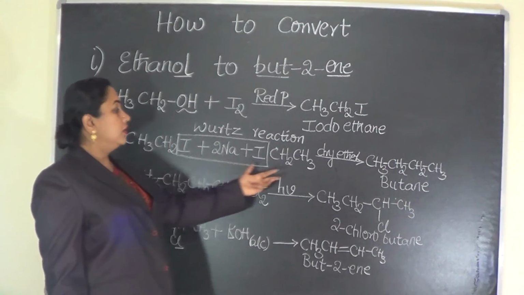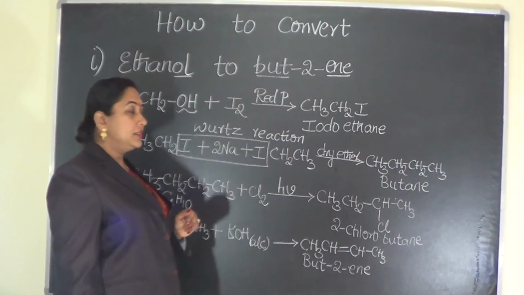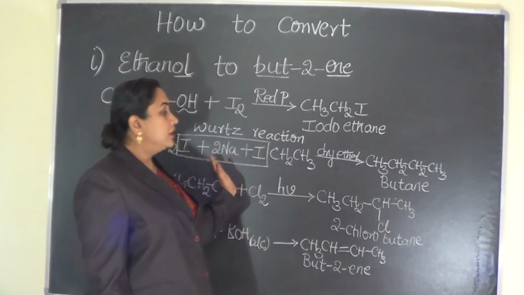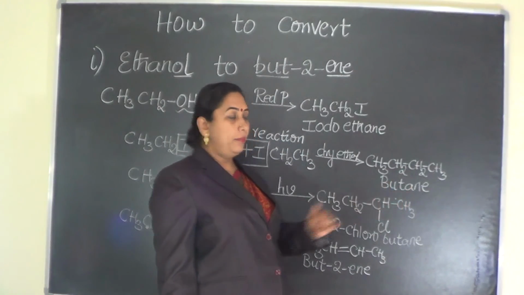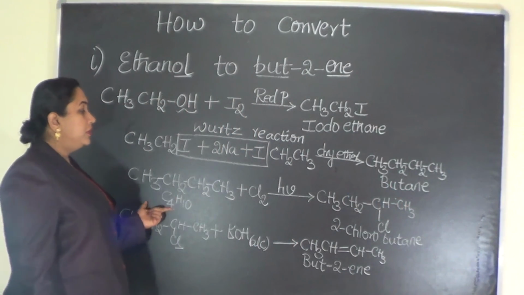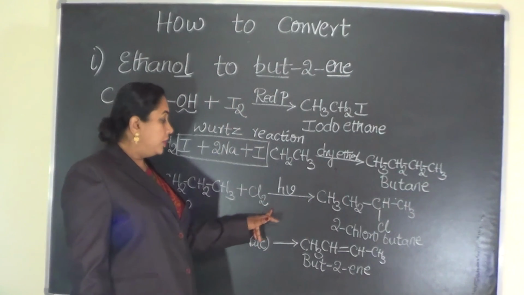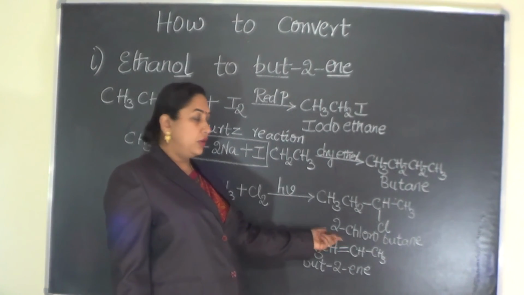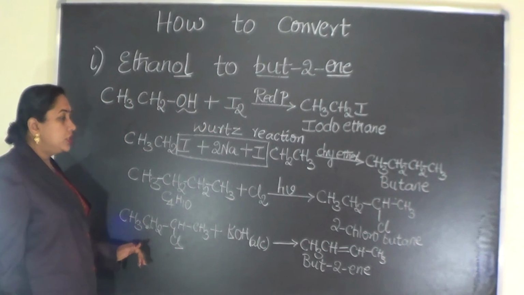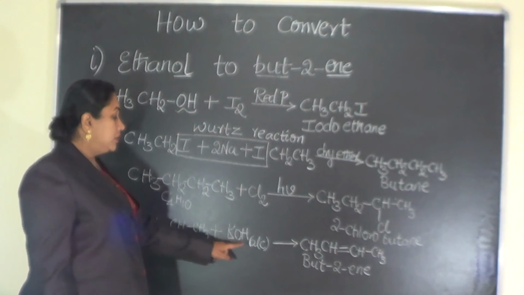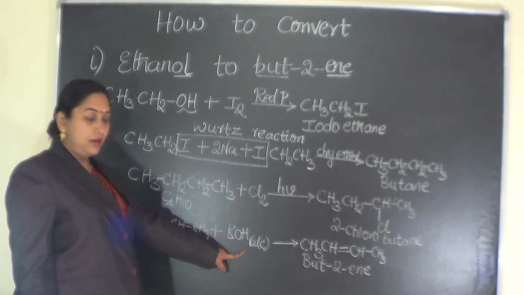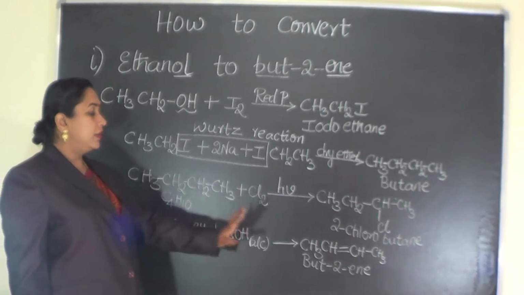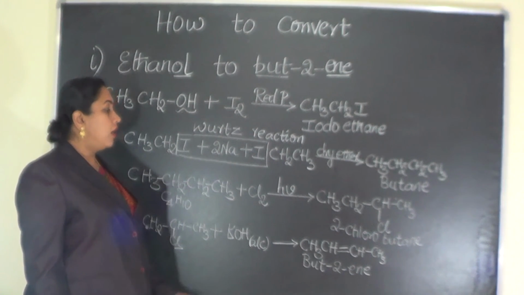Two such similar molecules of alkyl halide, that is iodoethane in this case, are treated with metallic sodium in presence of dry ether. Ascent of series takes place, resulting in the formation of butane. In the next step, the butane is subjected to chlorination in presence of diffused sunlight, which will land us up with 2-chlorobutane. 2-chlorobutane, which is an alkyl halide, is subjected to dehydrohalogenation by treatment with alcoholic potash. So therefore we end up with the formation of 2-butene or butene.